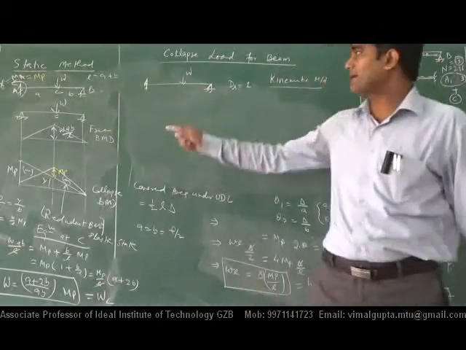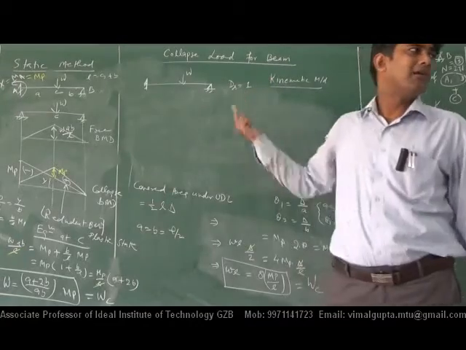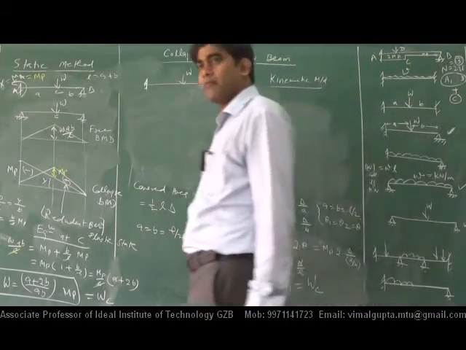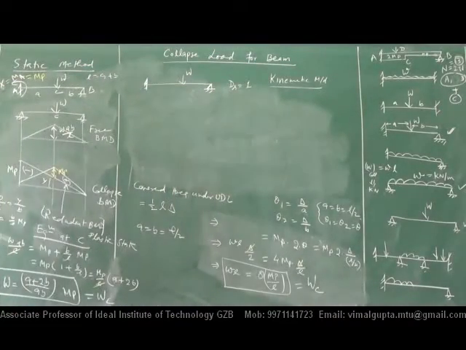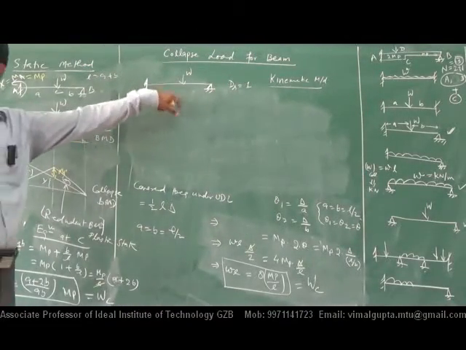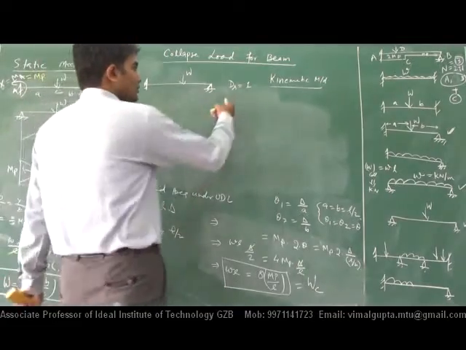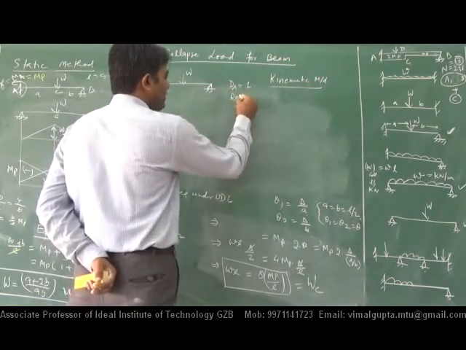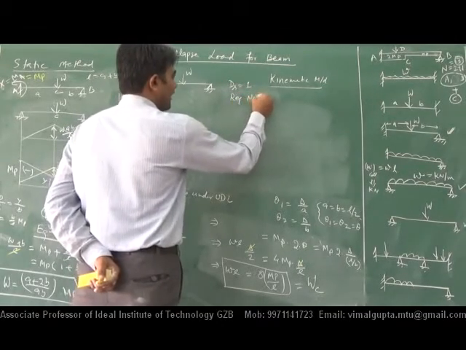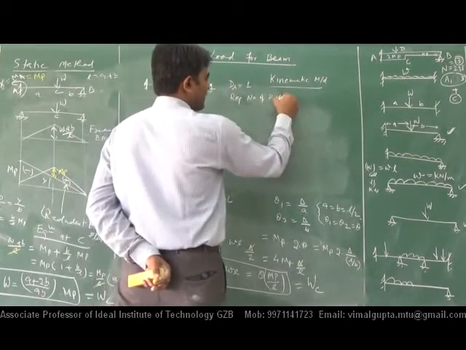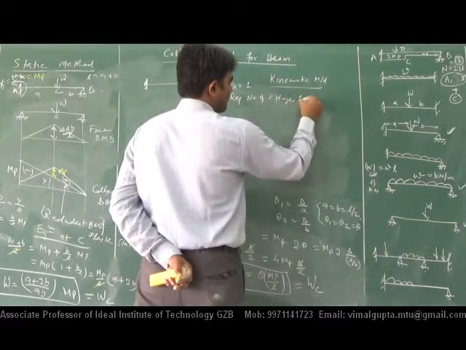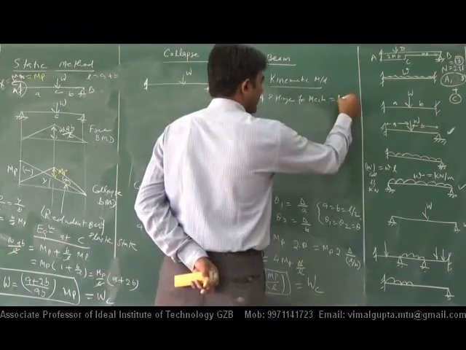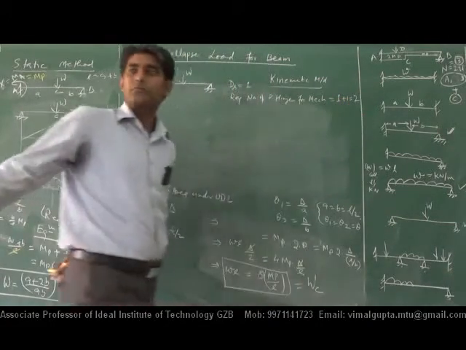And now if we are calculating the same thing using the kinematic method, then also no problem. We know very well where the mechanism has to be formed. Since the value of ds is 1, the required number of plastic hinges for the mechanism, how much? ds plus 1, means 1 plus 1, that is 2.